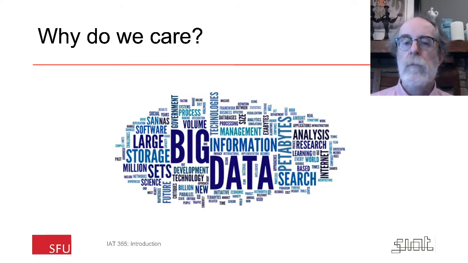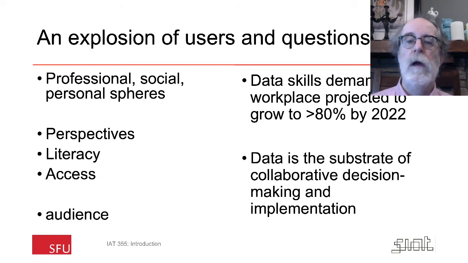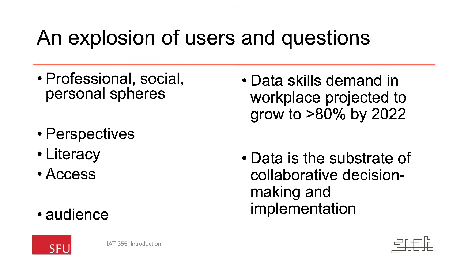Why do we care? Well, this word indicates the vast set of concerns inside the domain of big data or data analytics. One of the big things that's very important, as I mentioned already, is the explosion of users and questions, which goes along with the explosion of data availability and the ubiquity of computing systems.